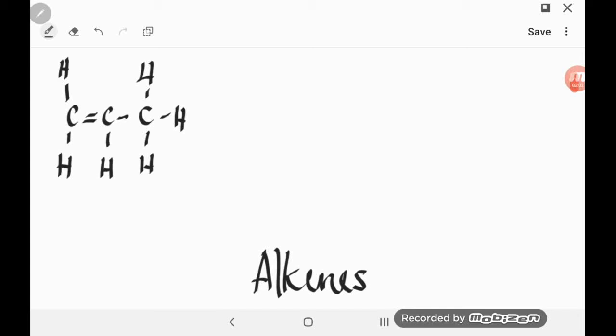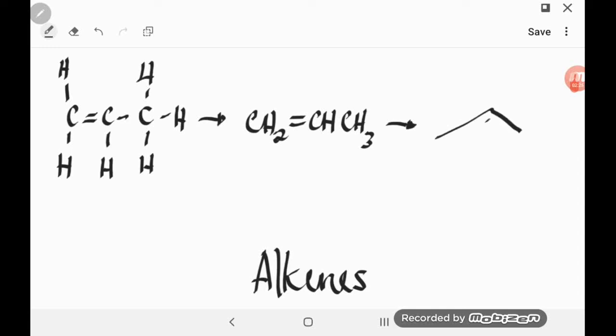This is the Lewis structure of an alkene, which can also be written in its condensed form. And in its line form. This alkene is called propene.